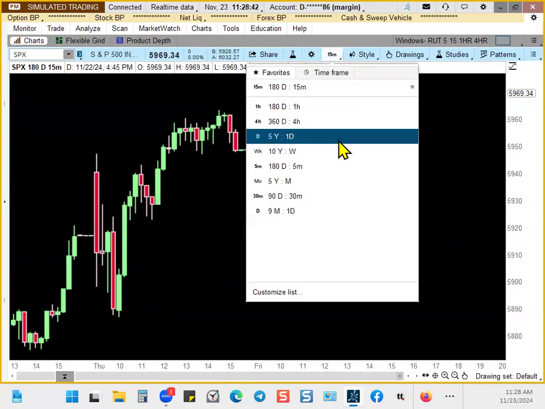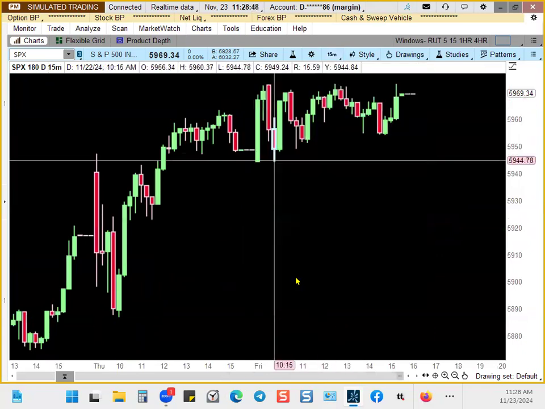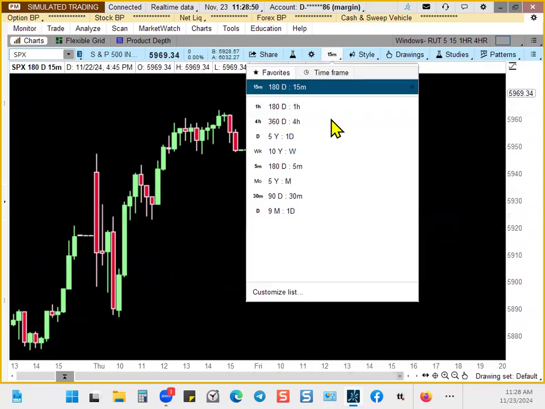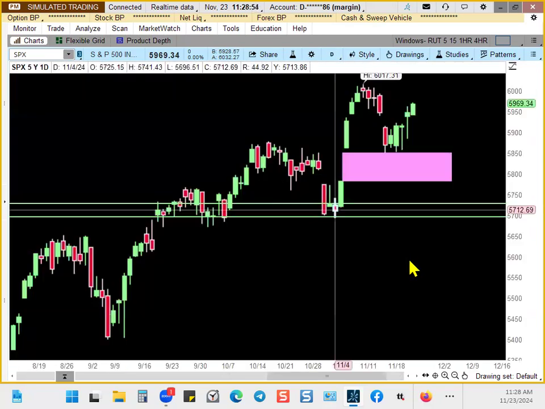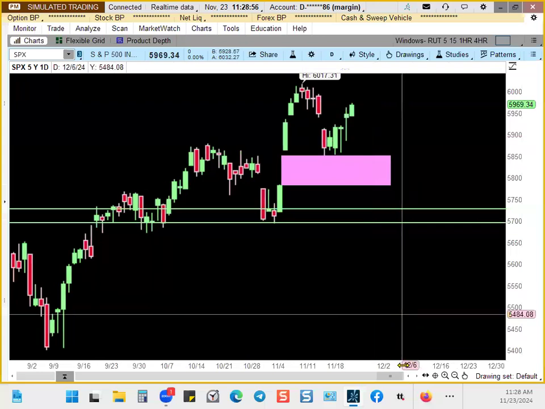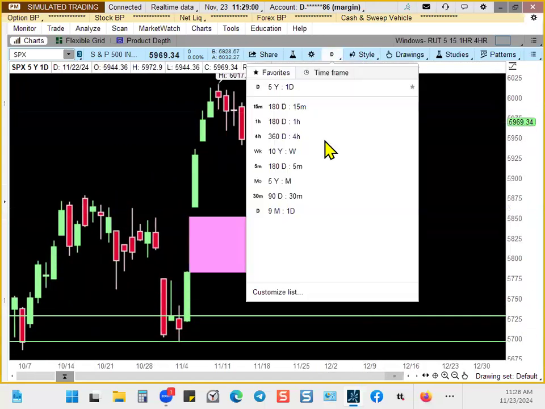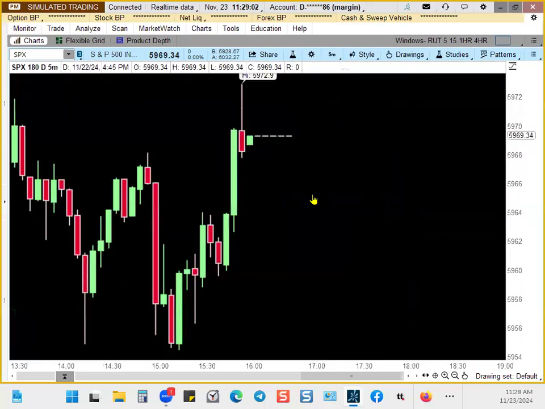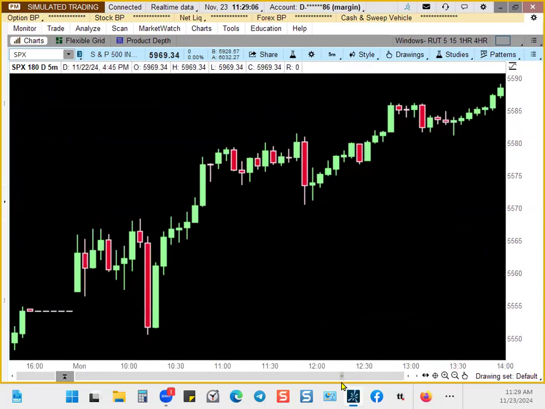Let's do... Actually, I was going to say, I think SPX gapped down yesterday in one of the 5 minute candles. I mean, 5 minute time frames. And I think it was earlier in the day, maybe around 10ish.